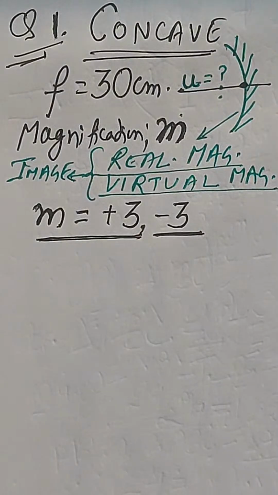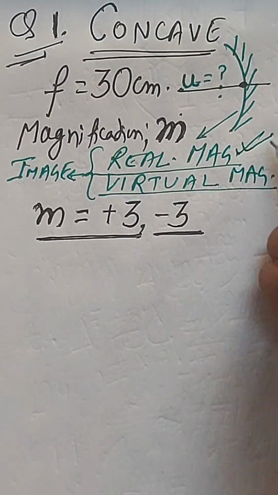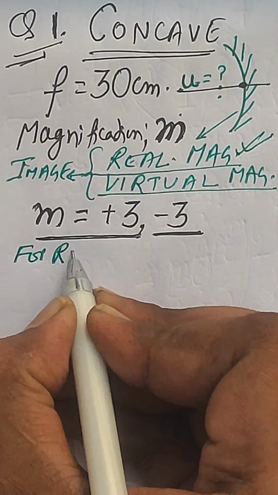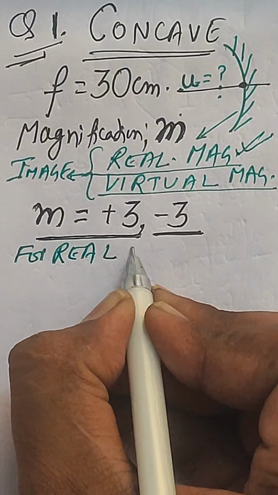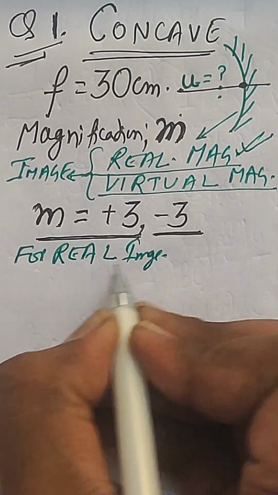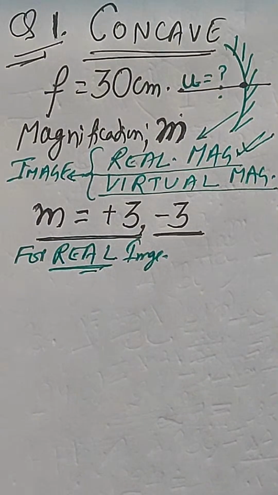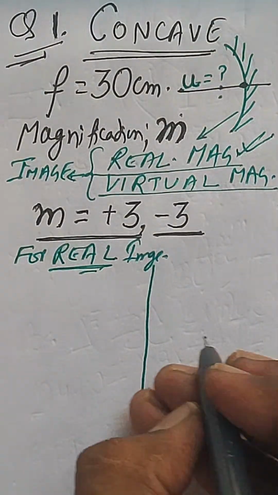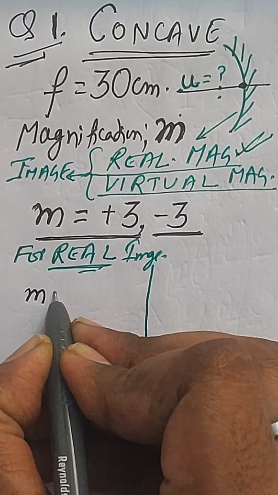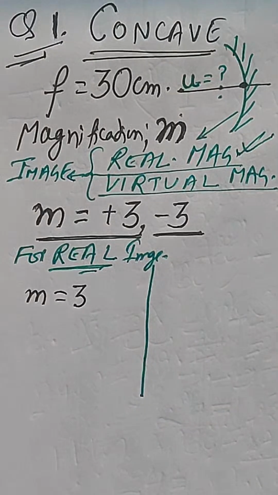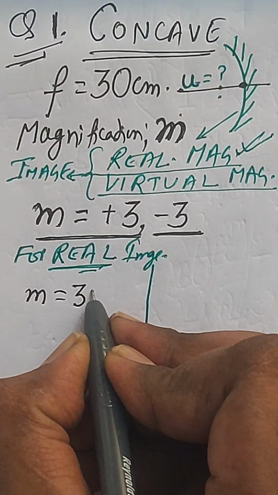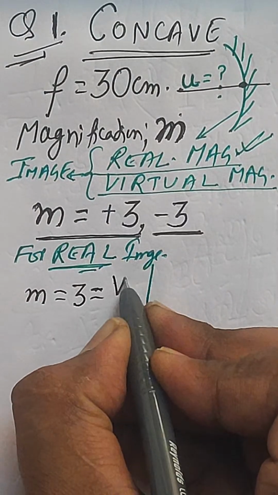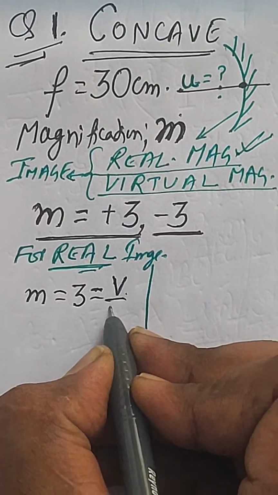So for real image, the first condition, we consider m equal to 3, which is nothing but the ratio of v by u.